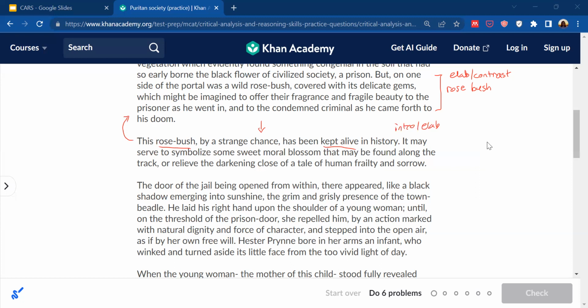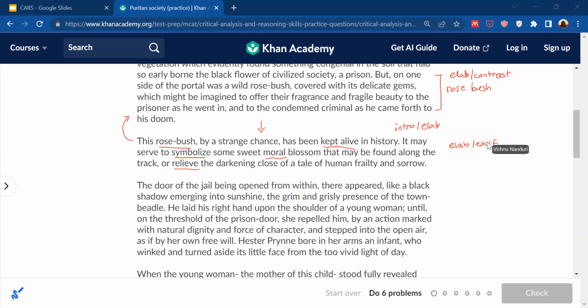So they're assigning a function to the rose bush. So why has it been here for so long? It could be a symbolic thing about moral blossoms, so maybe some moral lessons or things like that, or it's being used to relieve the darkness around the prison. So elaboration, you could even say it's a good example of how they use the rose bush.